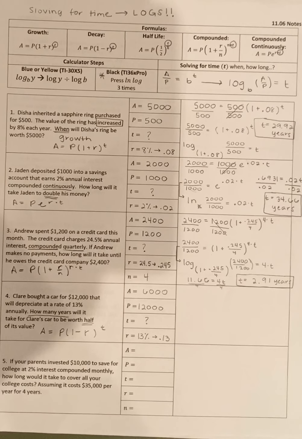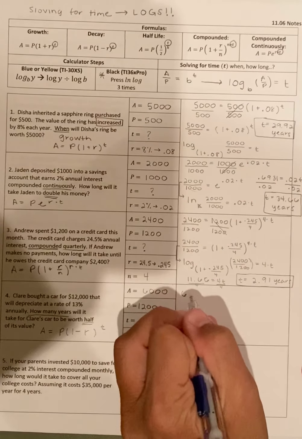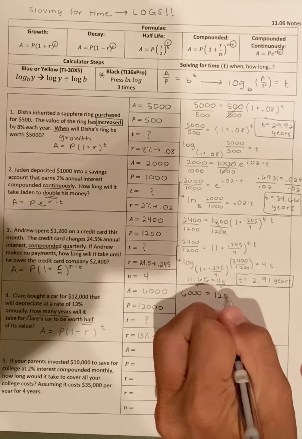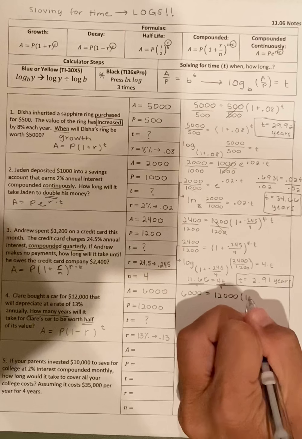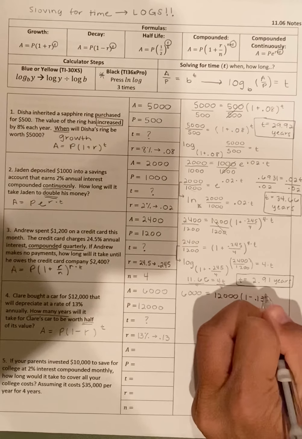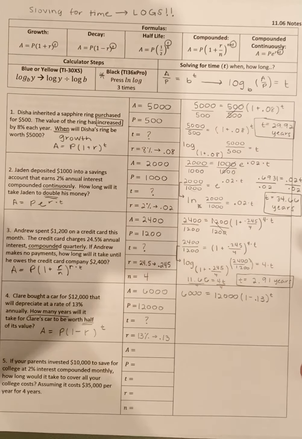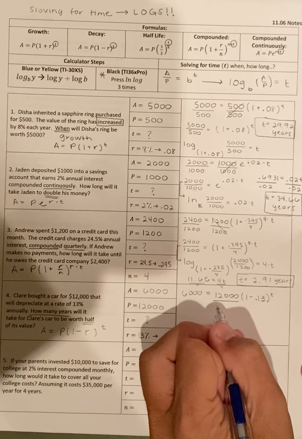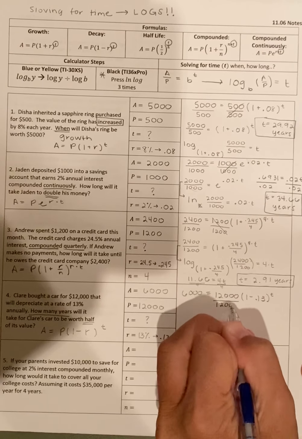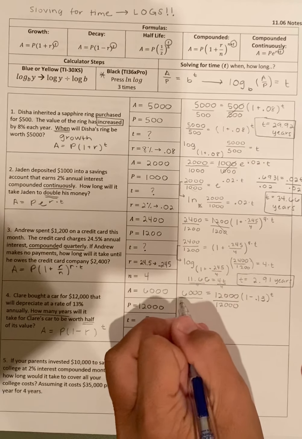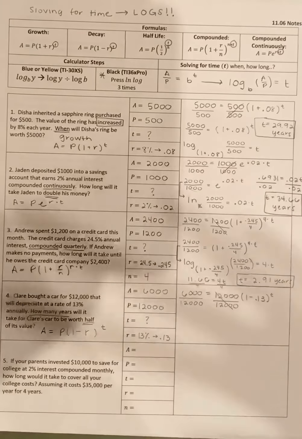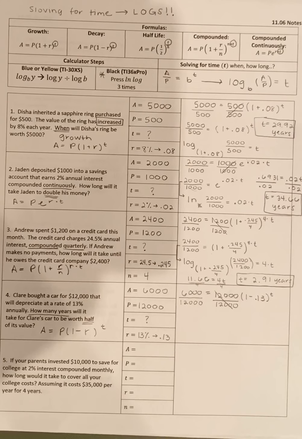All right, plugging it in. A is 6,000 equals 12,000 times 1 minus 0.13 raised to the T. First thing I need to do is divide to get that parentheses by itself. Divide by P, divide by P. I can simplify, but again, it's not usually going to end up being a nice, pretty whole number.